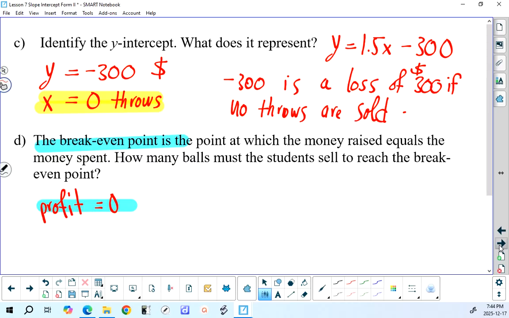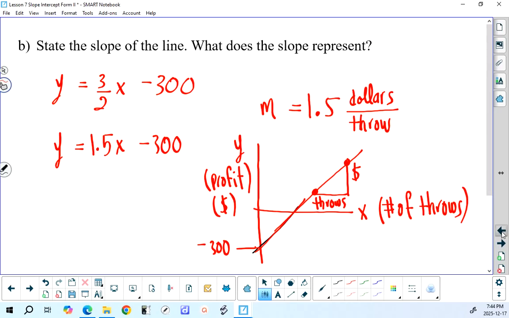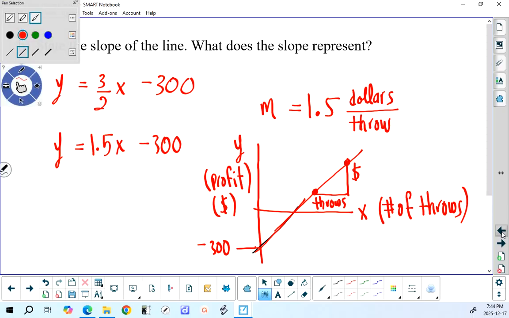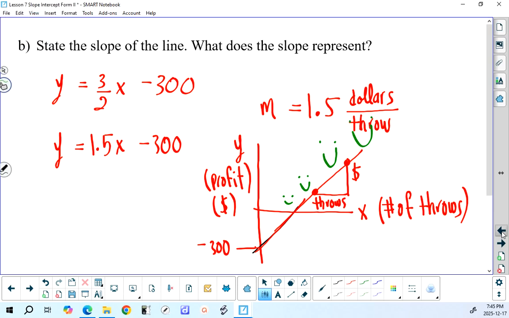When I go to the graph, in this region here, they are happy. They are happier here. They are happier here. And they are happier here because their profit is going up. They're pretty sad right here, and they're even sadder down here.